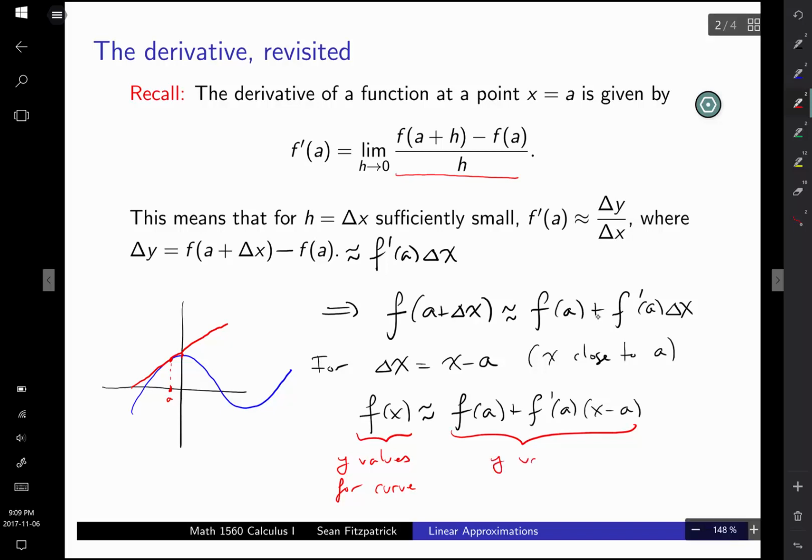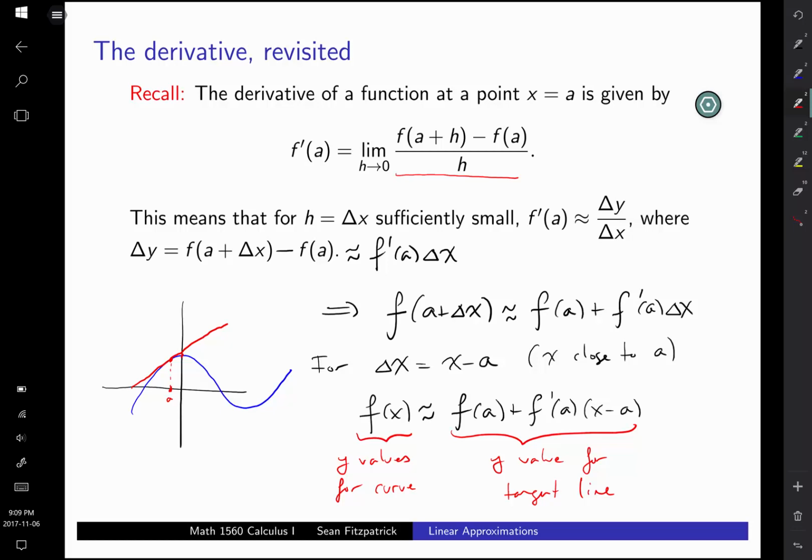So this gives you y values for the tangent line, right? And so this, in some sense, formalizes the idea that the tangent line gives you a good approximation to the original graph, that y values on the tangent line are close to the y values on the original curve.